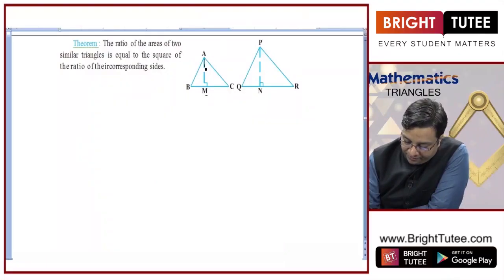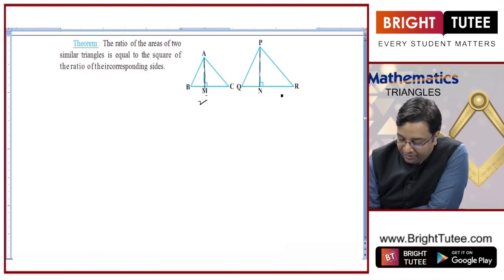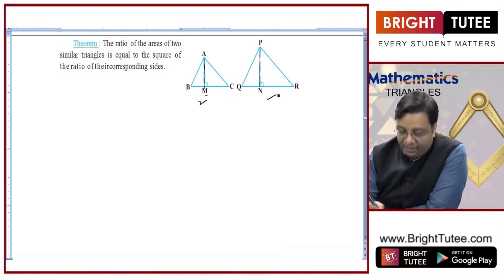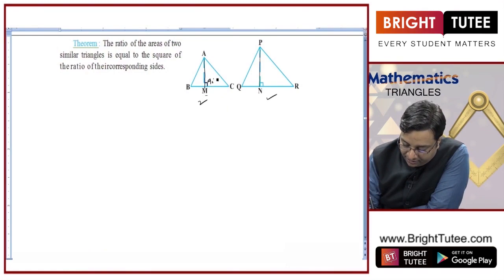So if AM and PN are the altitudes in triangles ABC and PQR, then these angles are obviously 90 degrees.